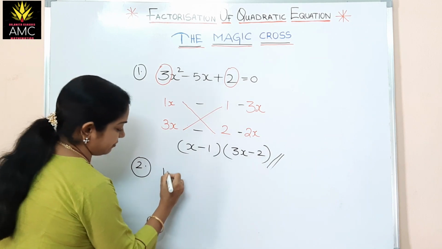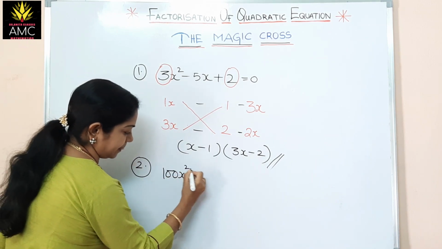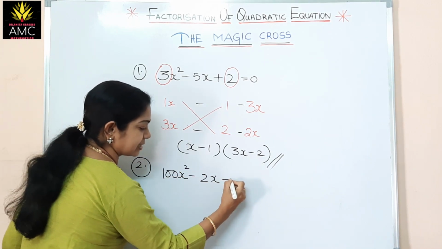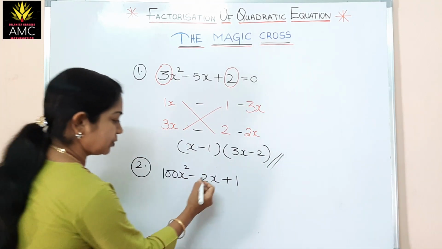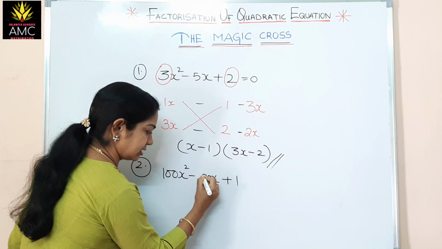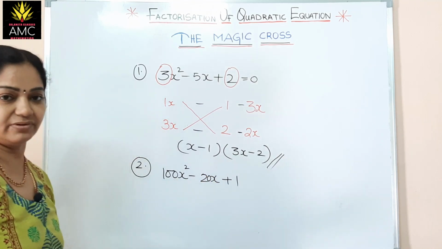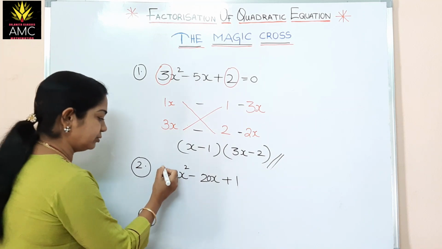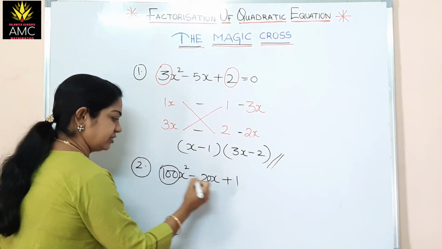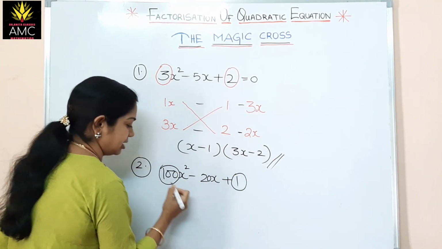Let us take 100x square minus 20x plus 1, right. This is a quadratic equation. Okay, let me take this 20x because this is 100. Now what you have to do? Take the coefficient, take the constant.